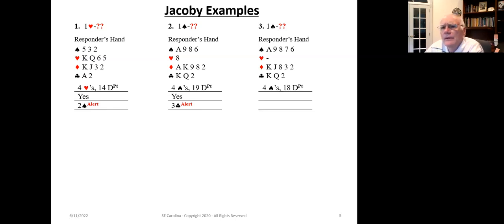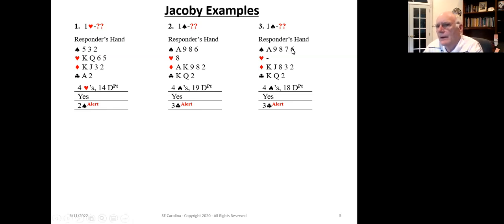Let's take a look at this example here. We've got 1 spade. We should have 4 spades, but I've got 5 on the screen. I'm going to have to fix this. But let's pretend we've got 4 spades and 18 distribution points. We're going to want to use it again. We're going to bid 3 clubs, because we want to show that we've got the fit and we have the points.